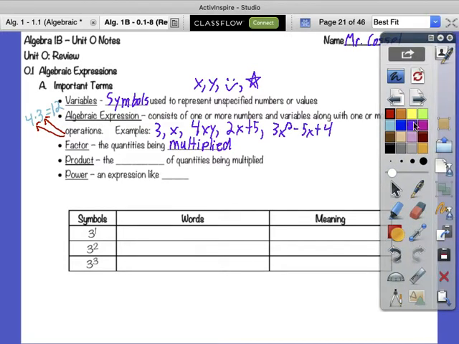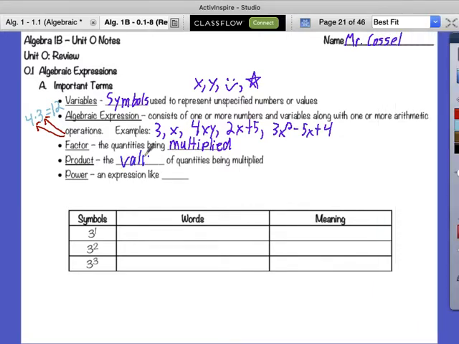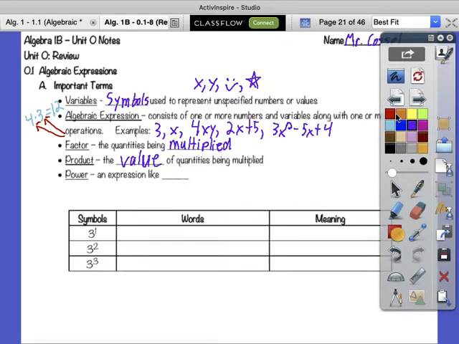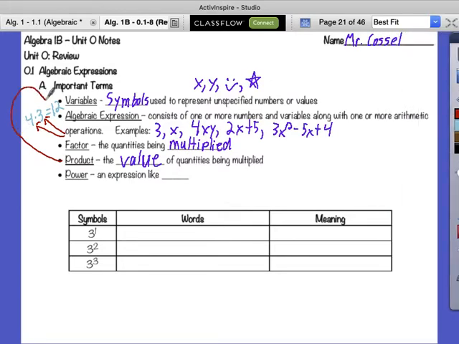A product is the value of quantities being multiplied. It's your answer to a multiplication problem. Okay, so it's the value of whatever is being multiplied. So the product here would be 12.